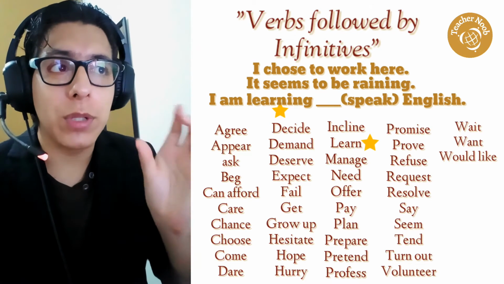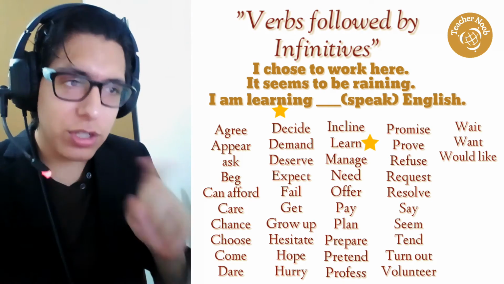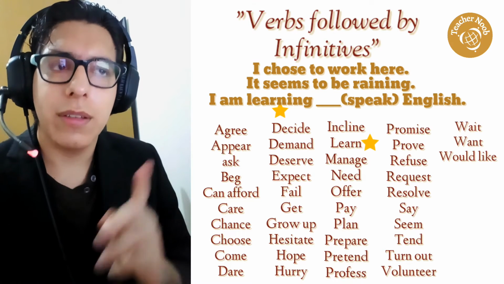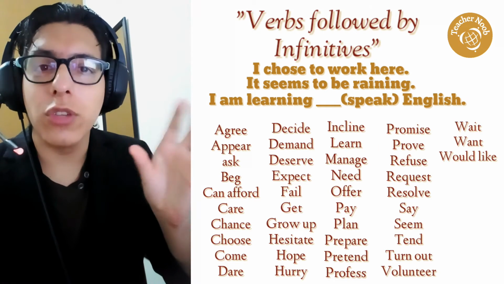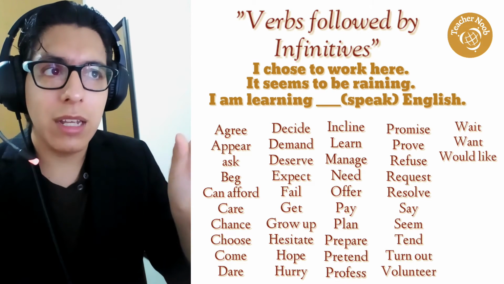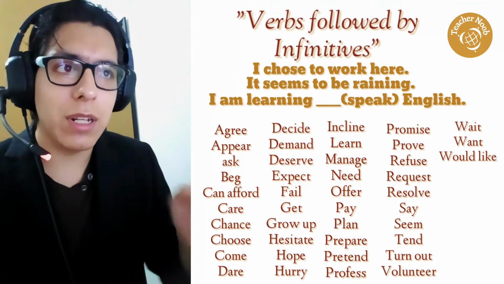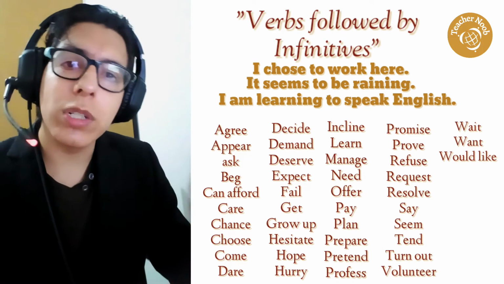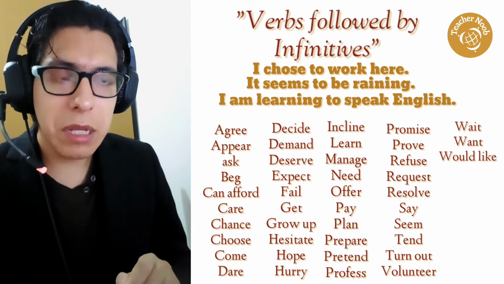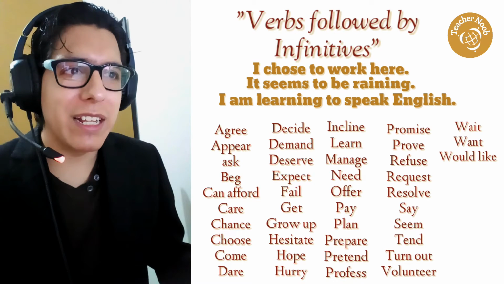So in this case, we have to put the verb in the correct way. Check the list. Yes, there is the verb learn. So when you identify the verb in this list, the next verb after this one is going to be in infinitive form. So I'm learning to speak English. Really simple, really easy.